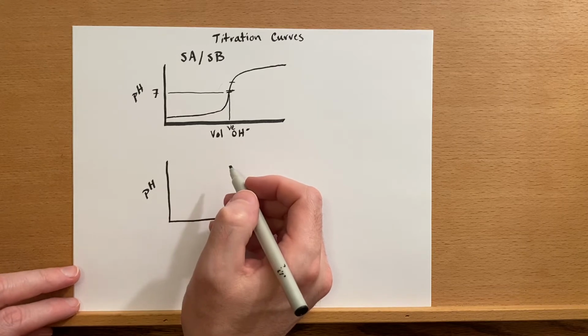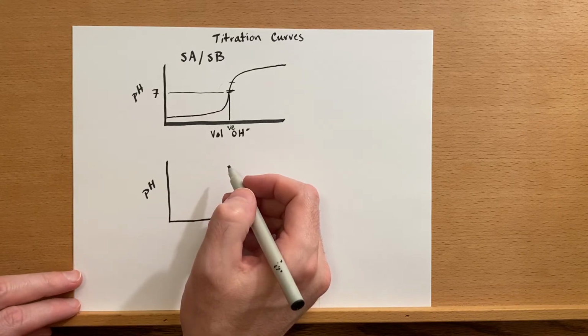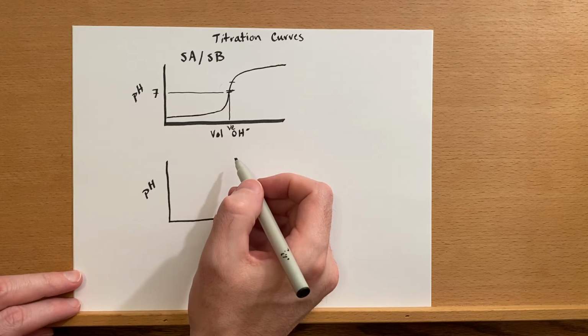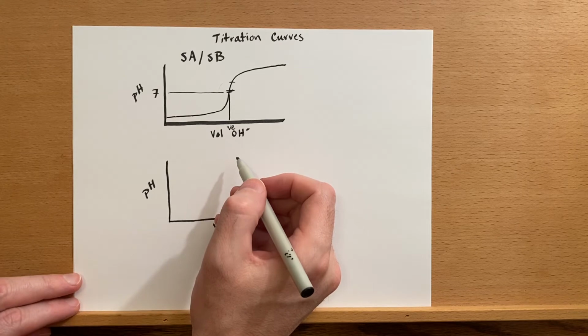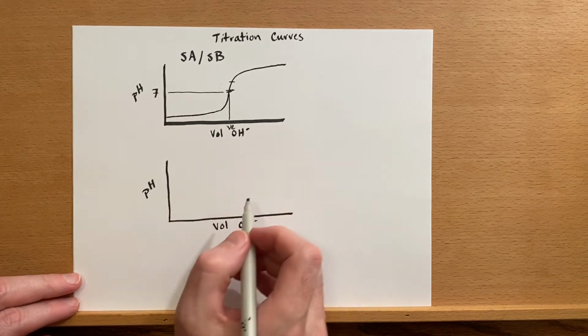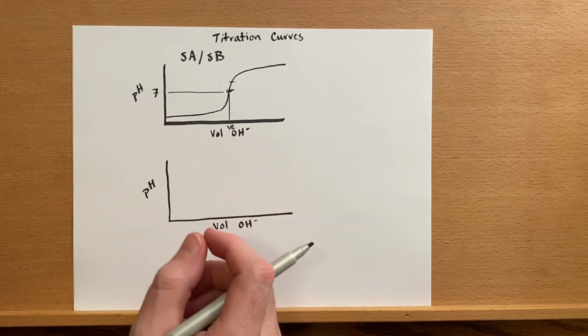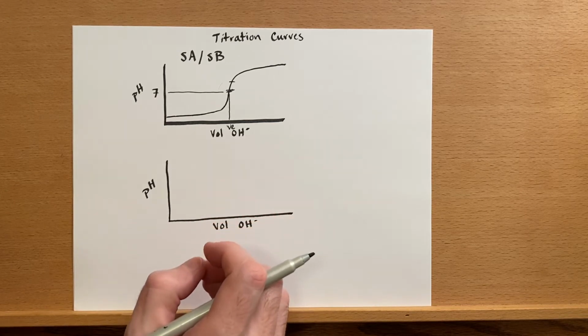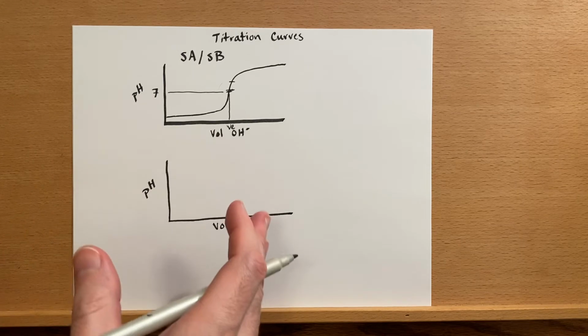And that's one of the reasons why we like to use phenolphthalein, because that is approximately the range that phenolphthalein changes. It's also a convenient indicator because it goes from clear to pink, and it's easy to see the appearance of a color rather than, say, a change of a color.